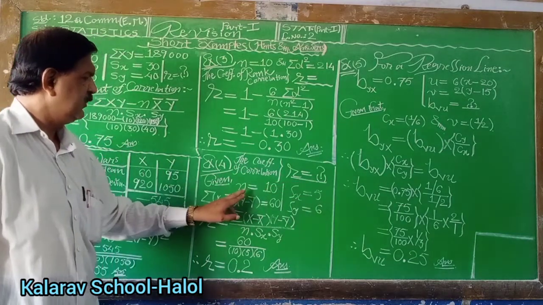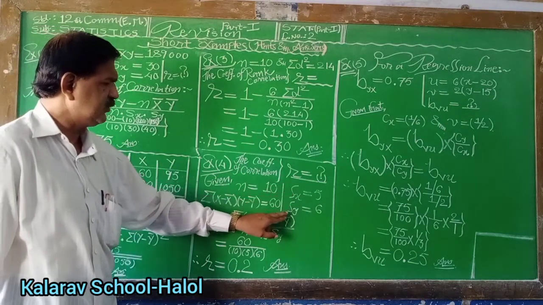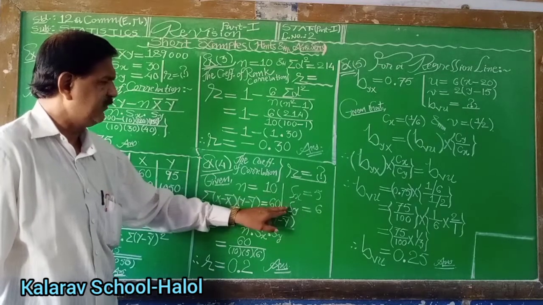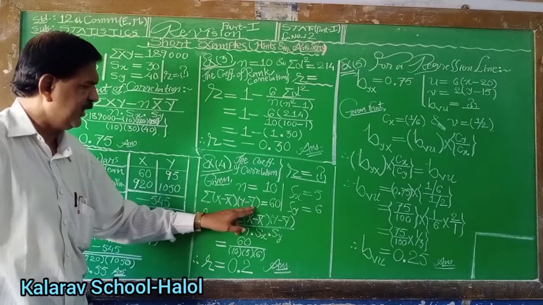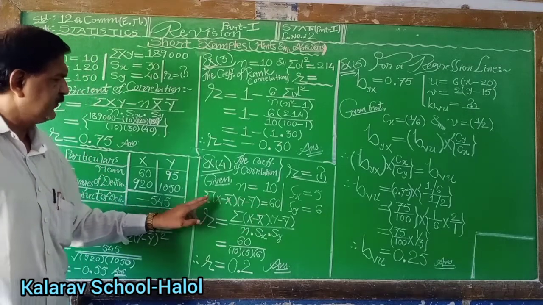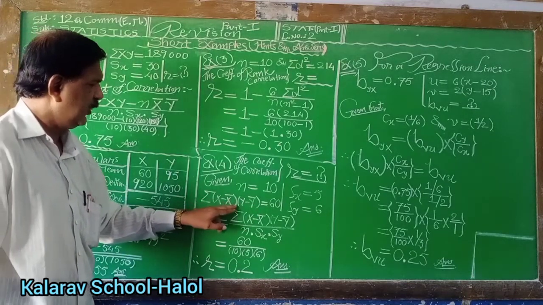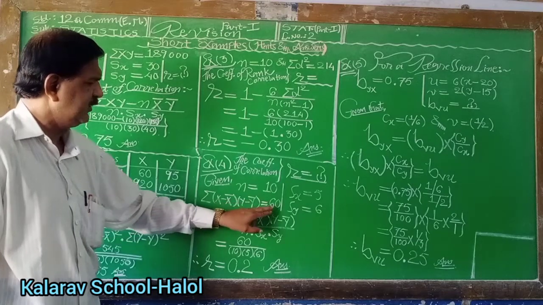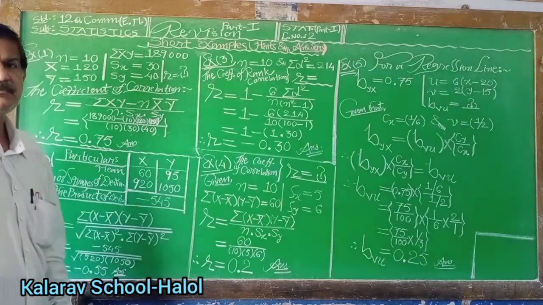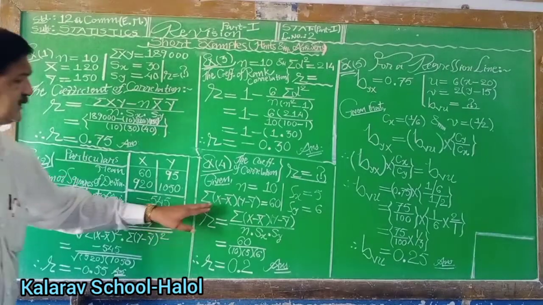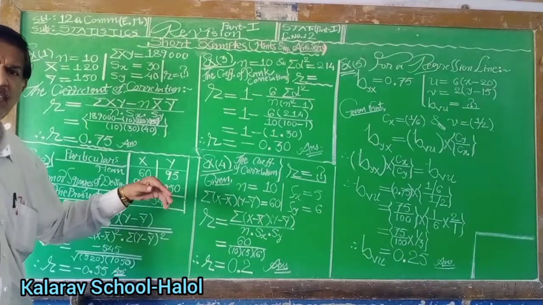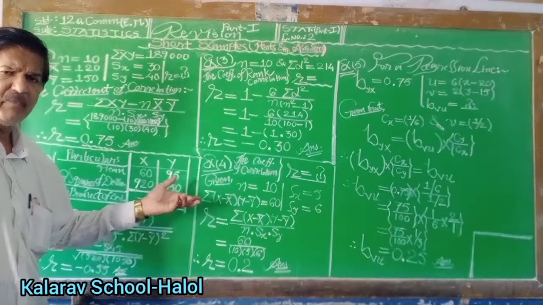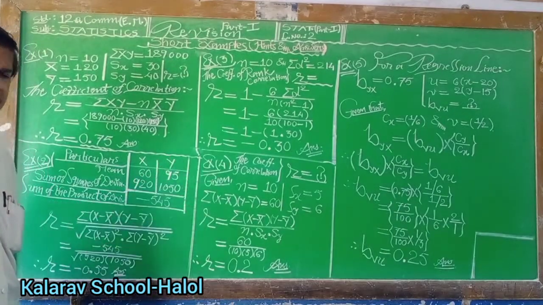Given that n equal to 10, sx and sy, the standard deviations of the series x and y, are respectively 5 and 6, and sigma x minus x bar into y minus y bar, also known as the sum of the product of the deviations taken from their means, is 60. The formula is based upon what information is given. Information is supplied, and we have to make use of the appropriate formula.